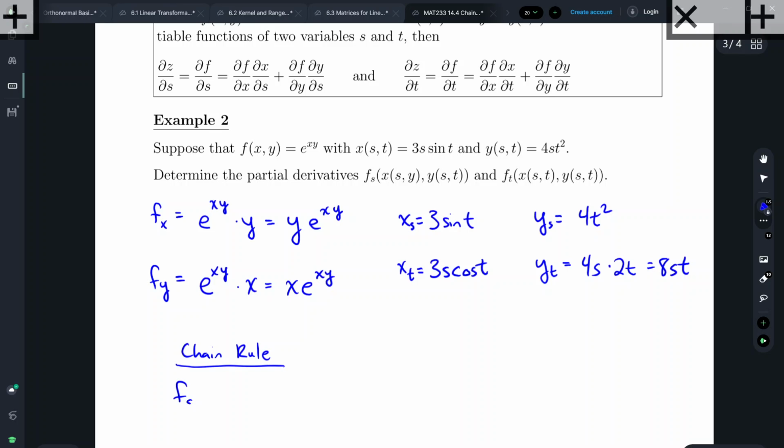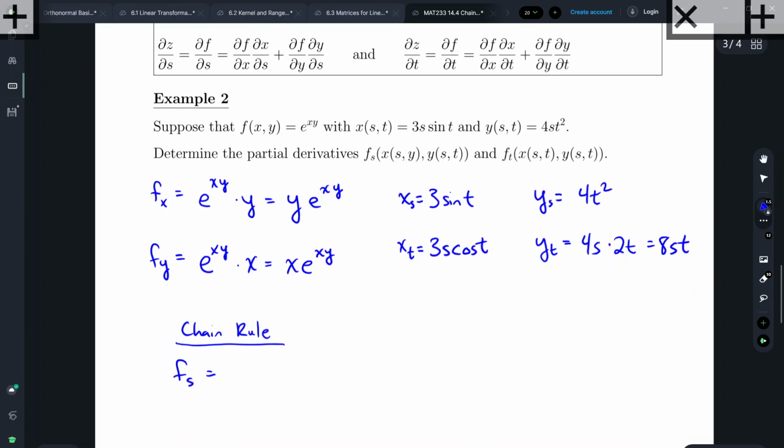I'm just going to rewrite it in terms of the subscript notation, right? So it's the partial of f with respect to x times the partial of x with respect to s plus the partial of f with respect to y times the partial of y with respect to s.